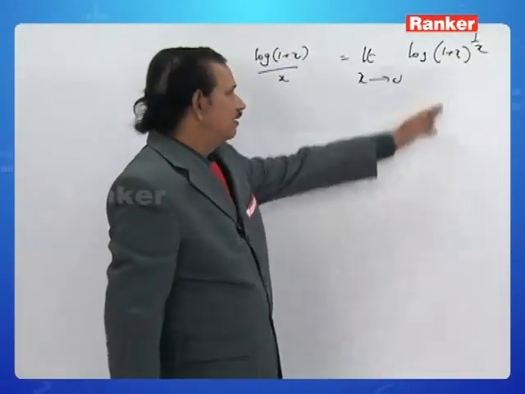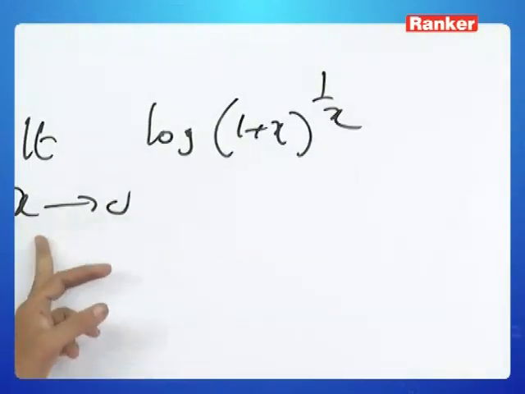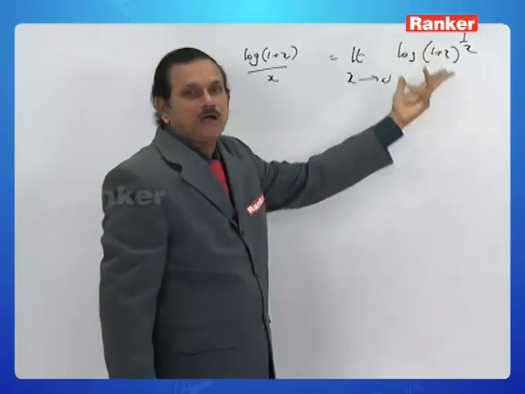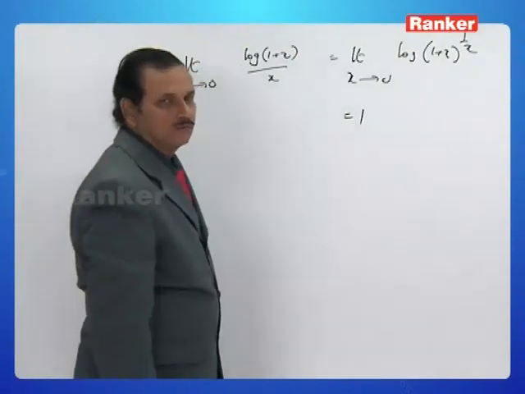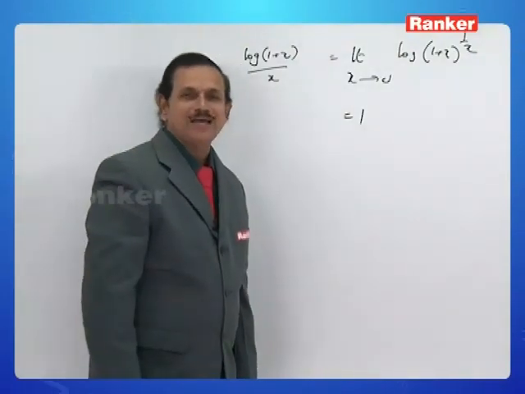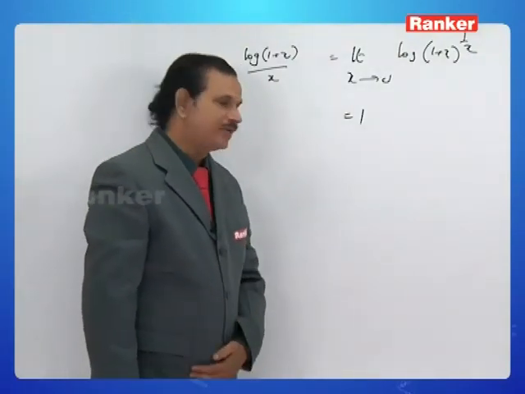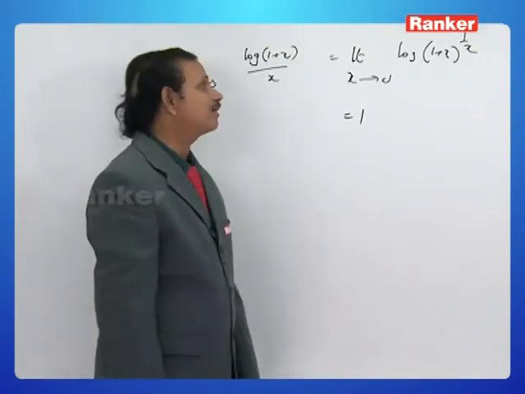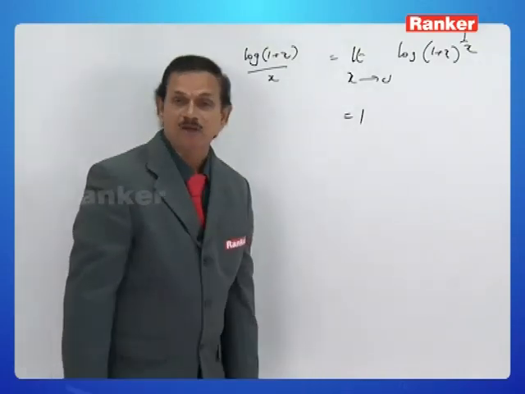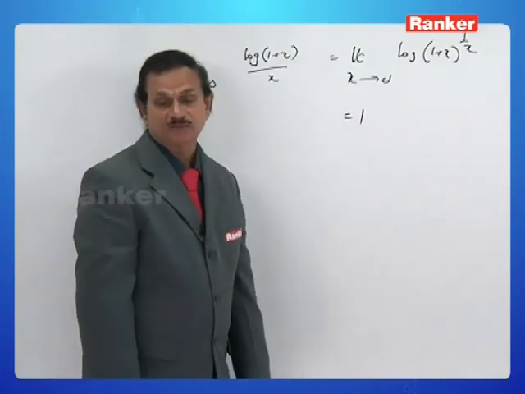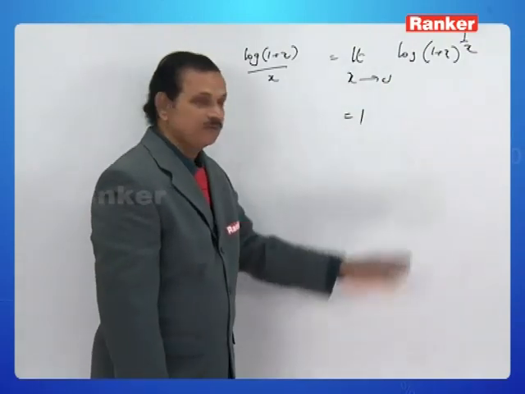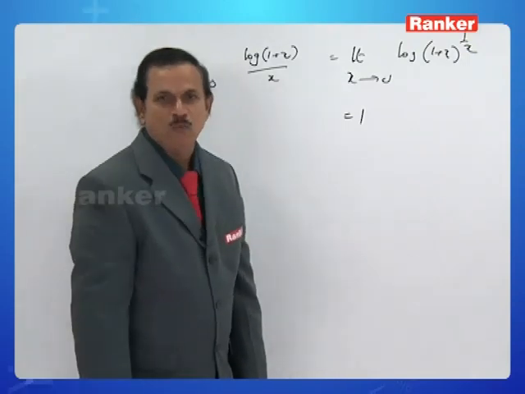You observe, 1 plus x whole power 1 by x as x tends to 0 is e, and log e to the base e is of course 1. So in so many calculations and in so many numerical problems we come across to use this formula, limit as x tends to 0, 1 plus x whole power 1 by x is of course e, and here it is log e to the base e, which is again 1.